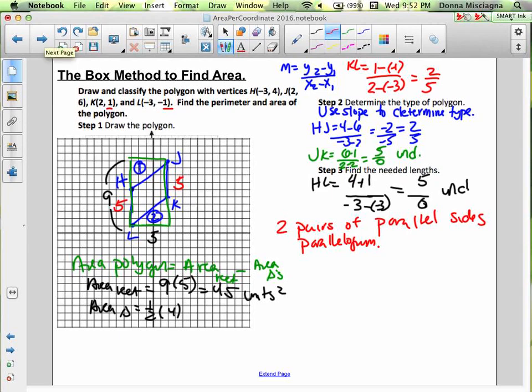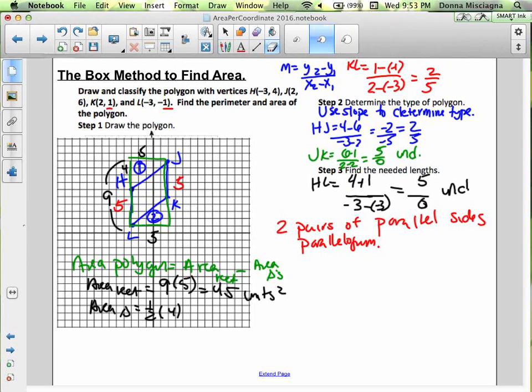Oh, looks like I got interrupted here and I never finished the triangle. So 1, 2, 3, 4, this is 4. And 1, 2, 3, 4, 5.